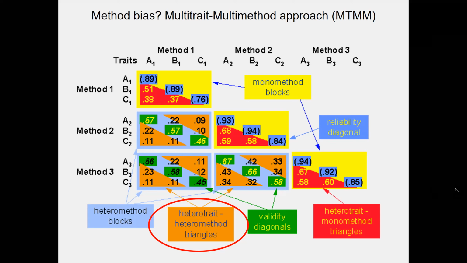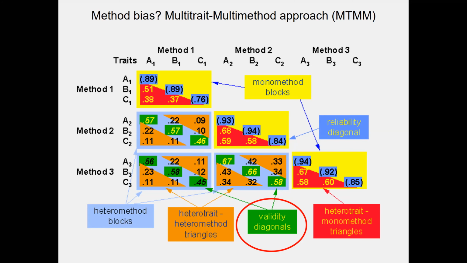So then we're going to go on to one of the others, which is the validity diagonal. This is the one that you're really hoping is going to be high. And what are you looking at?